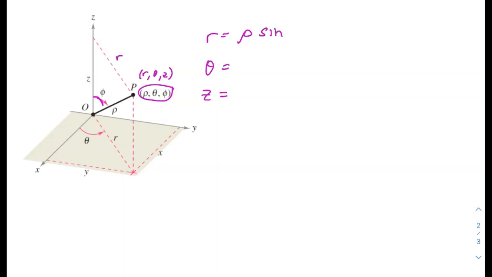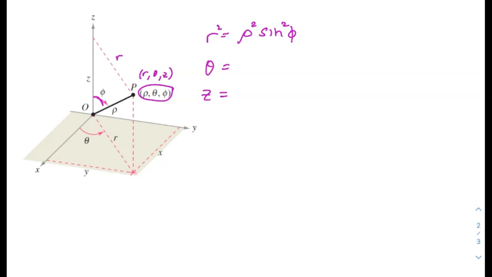Now there is a little hiccup, however, and that is that r might be a negative value, and that forces us to define this equality as r squared equals rho squared times sine squared phi, which would include negative values of r, because rho and sine phi are always going to be positive, but r could be negative.